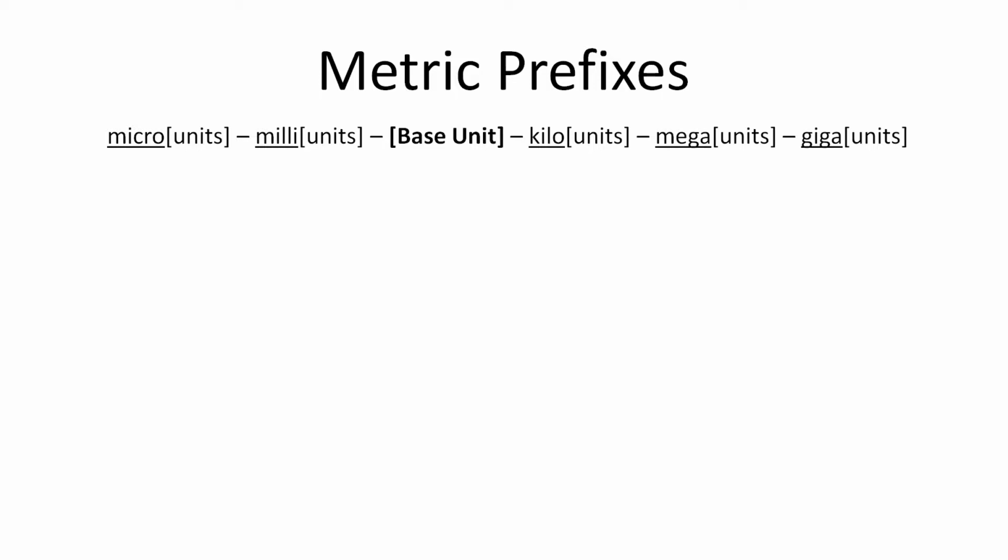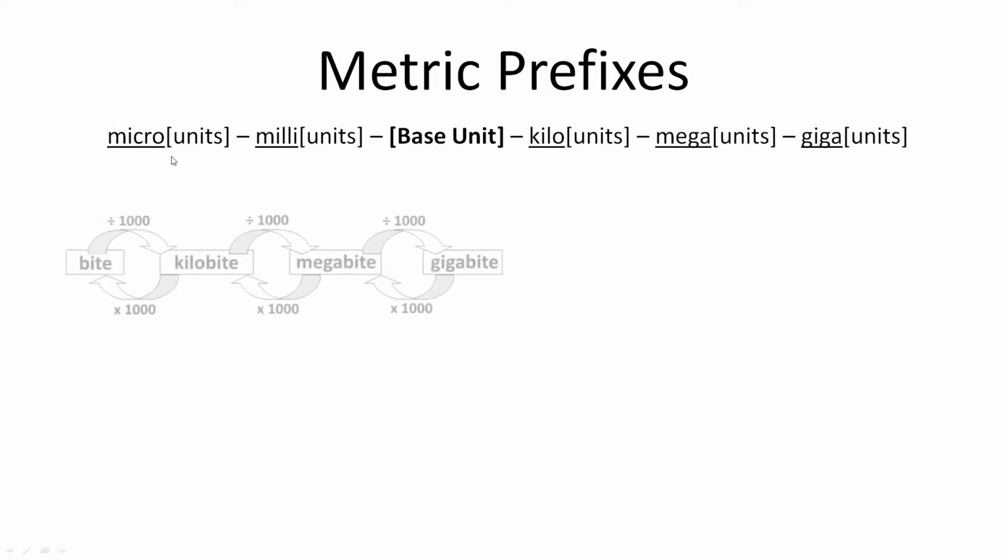With the metric system, we have prefixes, which is kind of neat. You have your base unit, and we have kilo units, which is 1,000 units, mega units, another 1,000 of the kilo, and giga, 1,000 mega. On the other side, we have milli-units, like a millimeter, and micrometer. We're getting really small.